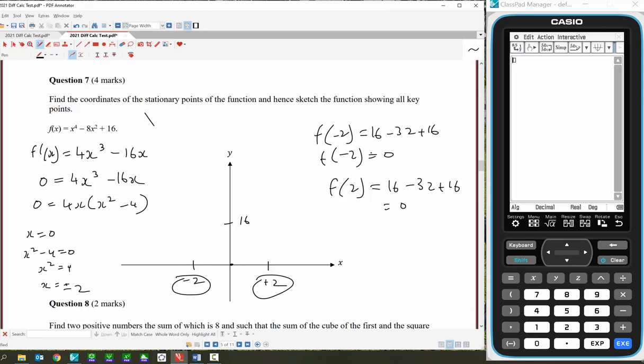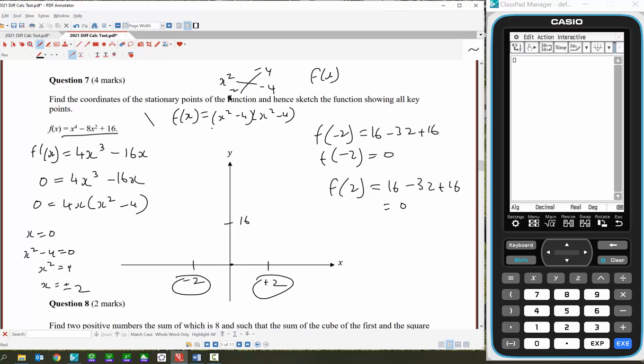So basically what I've found out is that at the turning points, the y value is 0, which means it turns on the axes. And I could probably tell that by actually factorizing that. Actually, let's do that as well. Sort of disappointed I missed that. So we've got x squared, 4, and 4. That's negative, negative. So the factorized version of f of x is x squared take 4, x squared take 4.